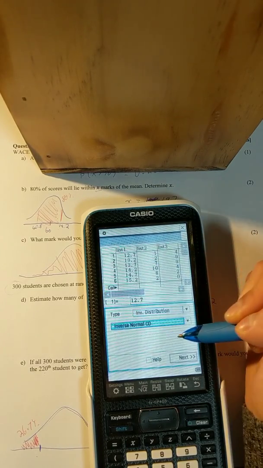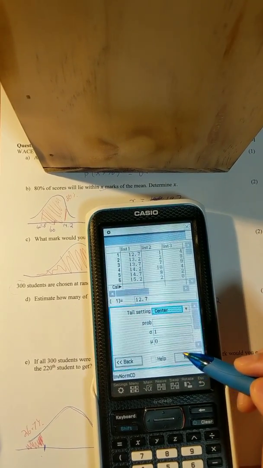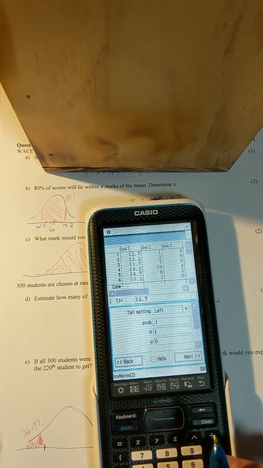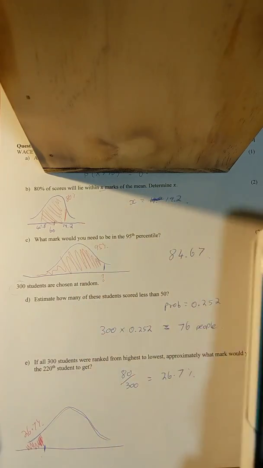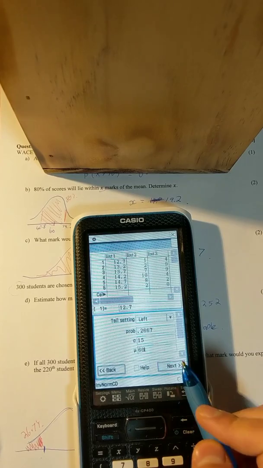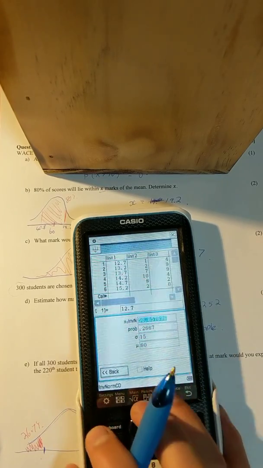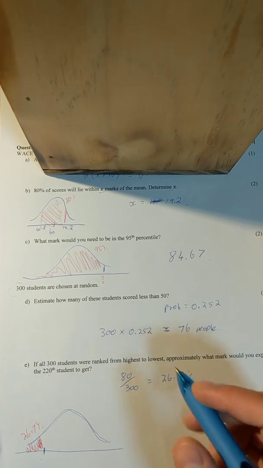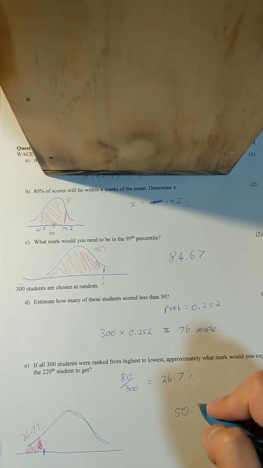So I'm going to jump back into my statistics function, inverse normal CD. The tail setting I've got in that diagram there is off to the left. The probability is 0.2667. The standard deviation still was 15 and the mean was 60. And it's going to tell me that my score there is 50.66. So I can expect that 220th student to get a score of approximately 50.66.